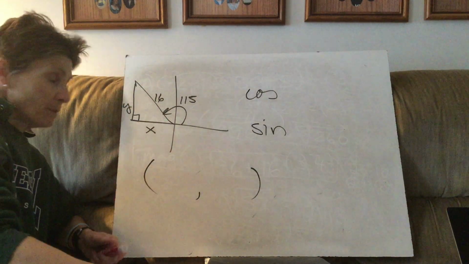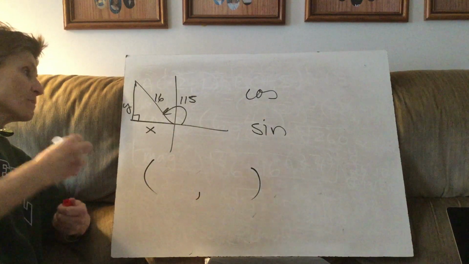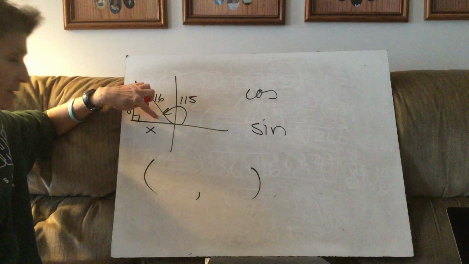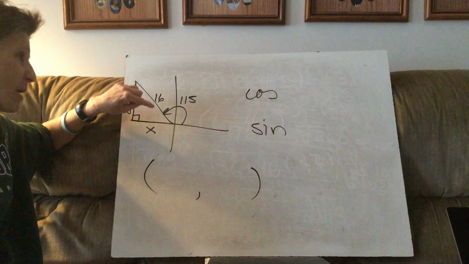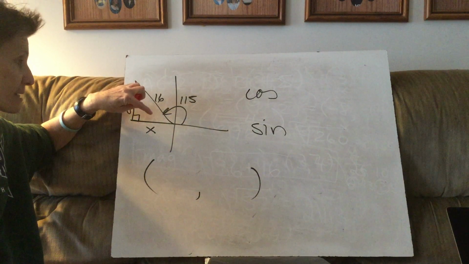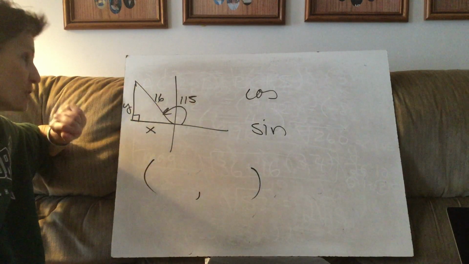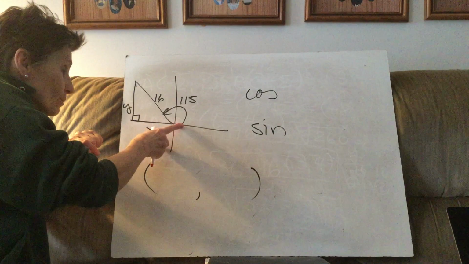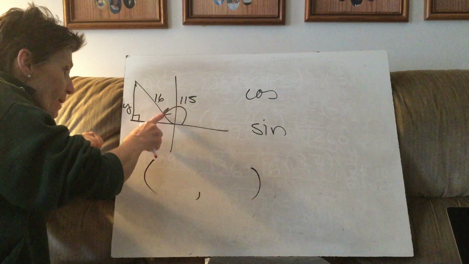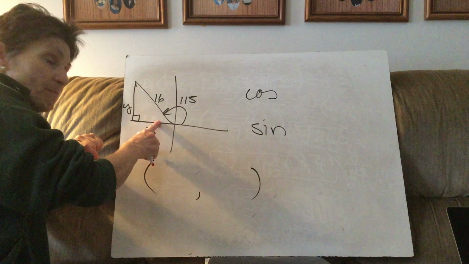Now, what makes this problem a little bit different is we don't know what this angle is. In our other examples, we were given that angle. But I hope you're not freaking out, because can't you find that angle? I think you can. You know that if you went all the way to here, watch my finger, if I went all the way around, it would be 180.